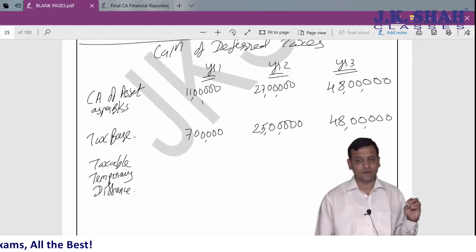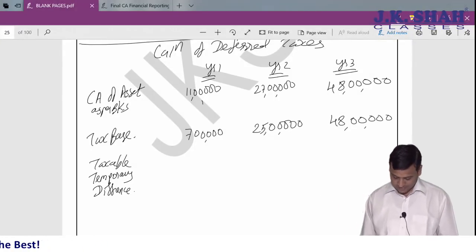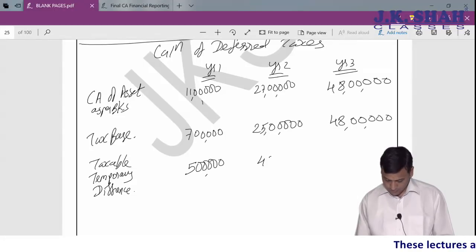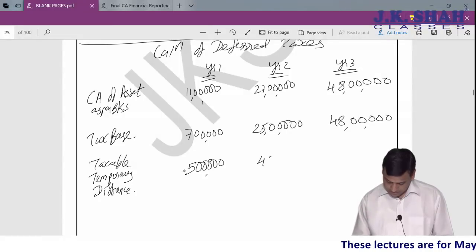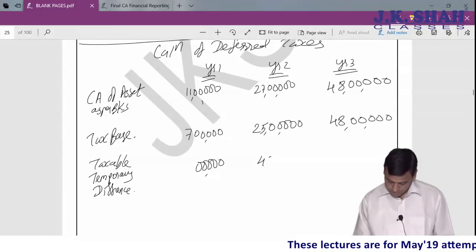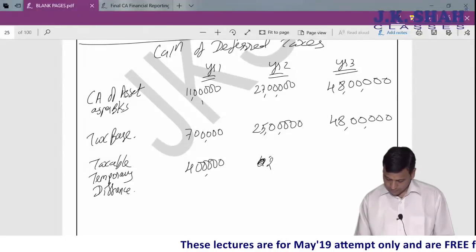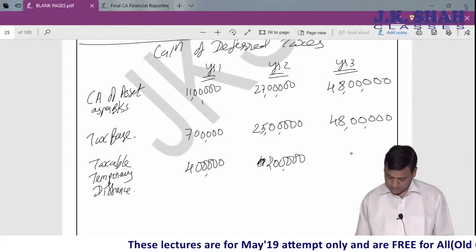So we get temporary taxable difference. 5 lakhs. Oh, I'm sorry, 7 and 4. It's 4 lakhs. 4 lakhs. 2 lakhs. Zero.